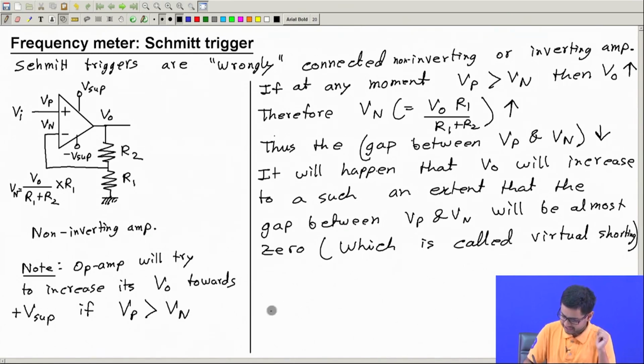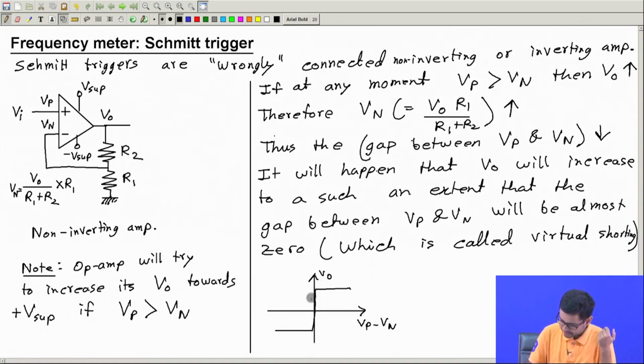You know from the almost ideal static characteristic that if Vp and Vn are almost close to each other, that means Vp minus Vn is close to 0, then the output Vo can remain anywhere between plus and minus V supply.